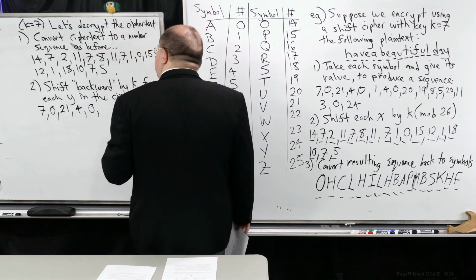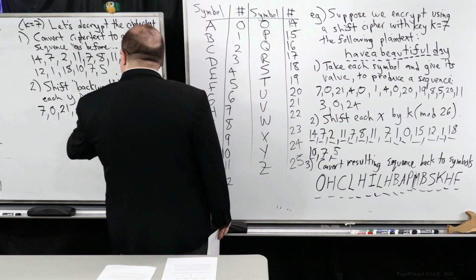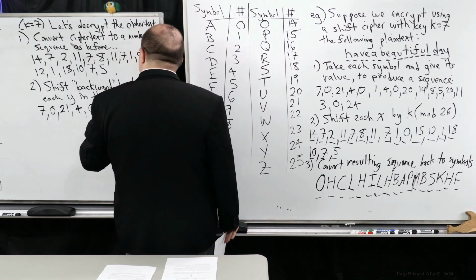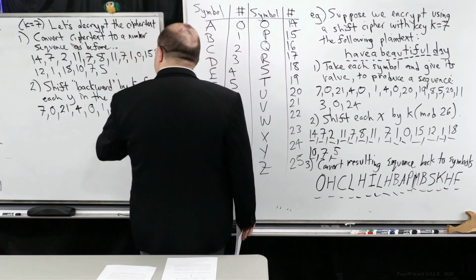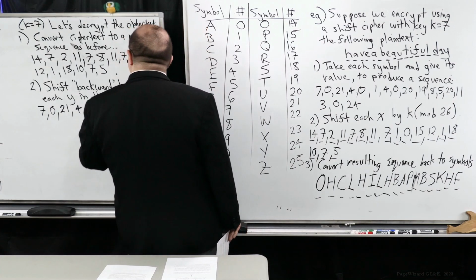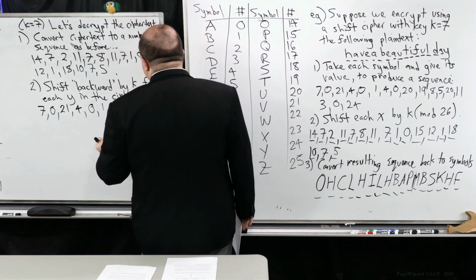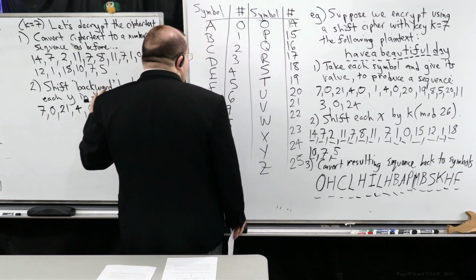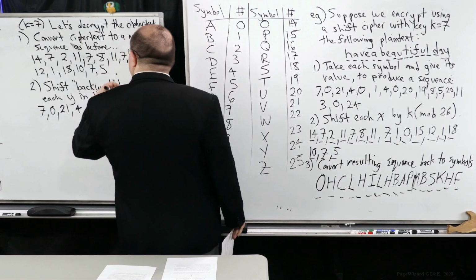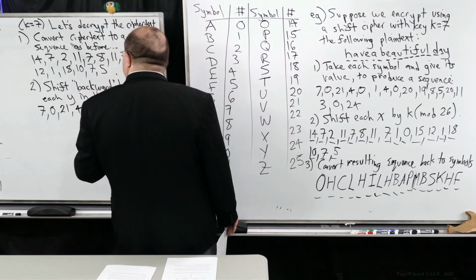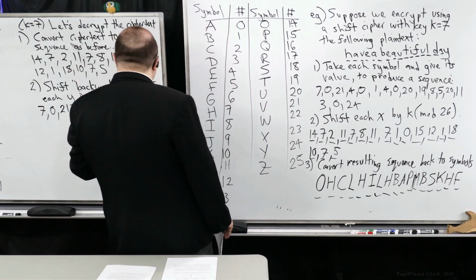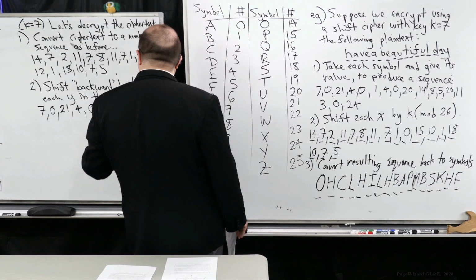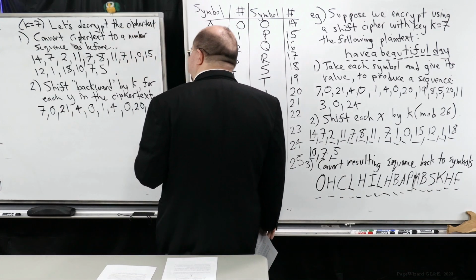Got 8. 8 minus 7 is 1 mod 26. 11 minus 7, that's 4 again, mod 26. 7 minus 7, that is 0 mod 26. 1 minus 7 will be shifted over 1 more than it was in that case, right? So that'll be 20. Because if that was 21, this is 20.